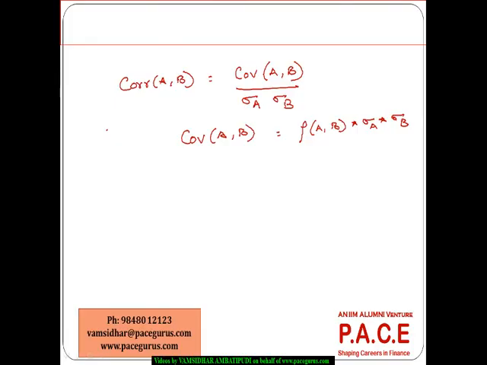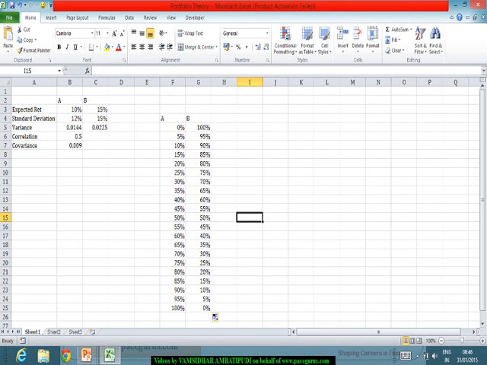Now we have already seen the formula that the expected return of the portfolio is WA RA plus WB RB, which is the weighted average of the individual returns.